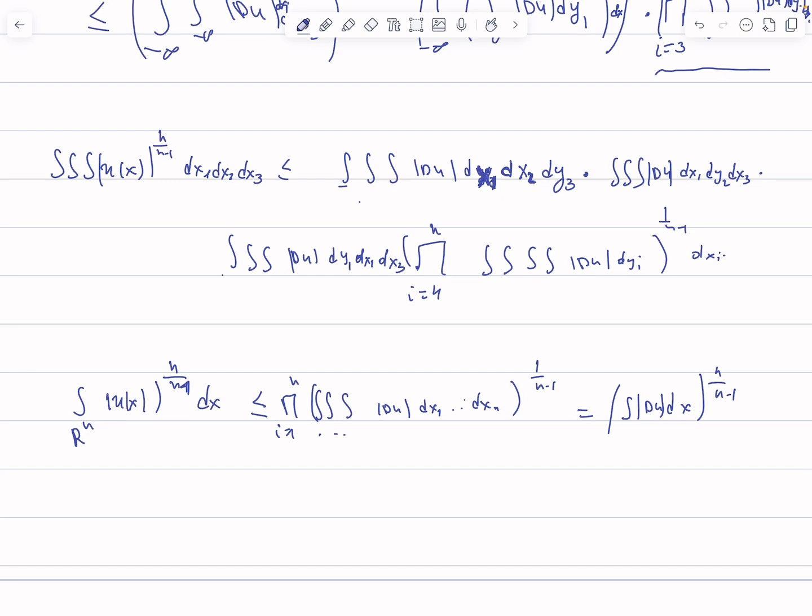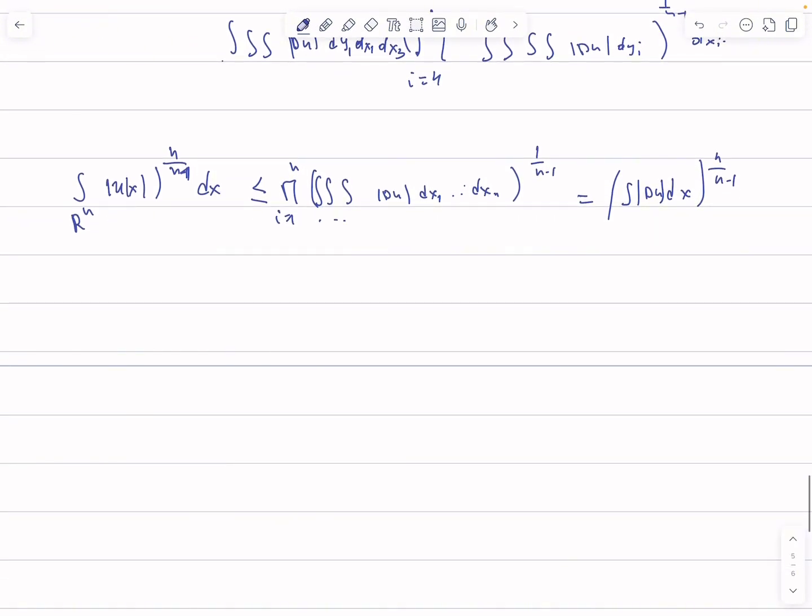So what we have done now: the norm of u in L to the n over n minus 1 is less or equal than c times the norm of du in L1.